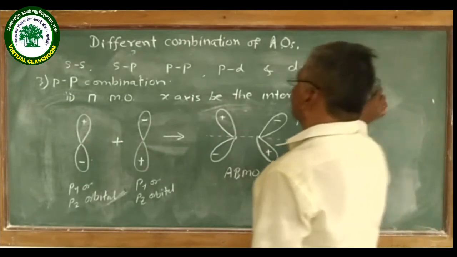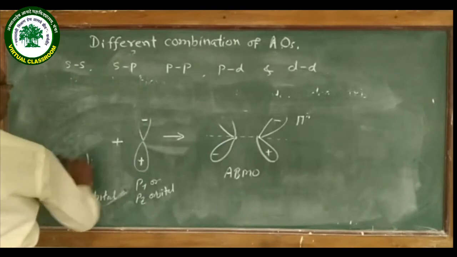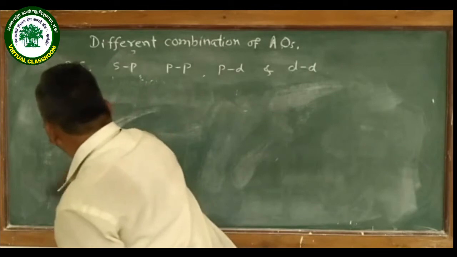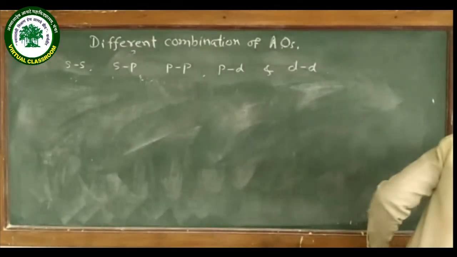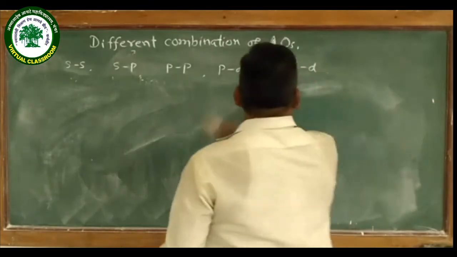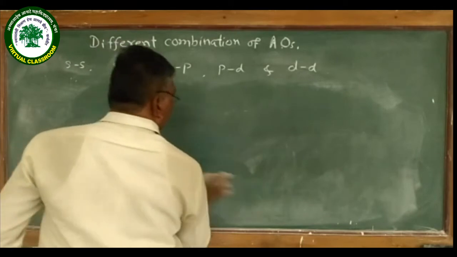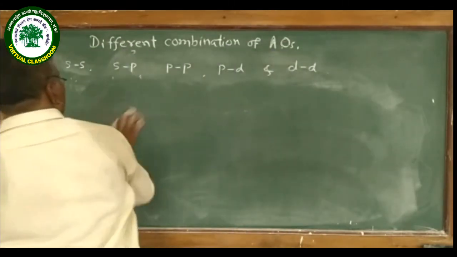So let us see the difference between sigma molecular orbital and pi molecular orbital. On one side, we will see the points of sigma molecular orbital, and on another side, we will see the points of pi molecular orbital.